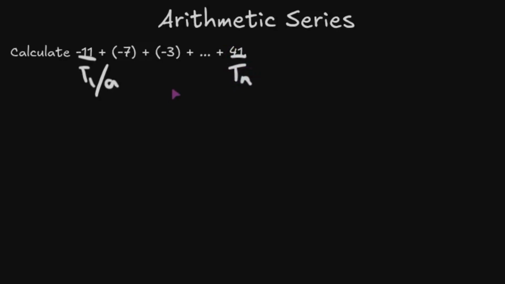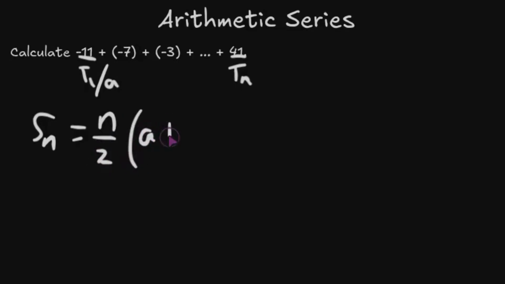Now the general formula for every arithmetic series is n divided by 2 times the first term plus the last term.